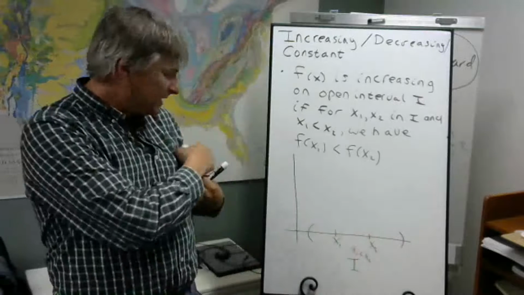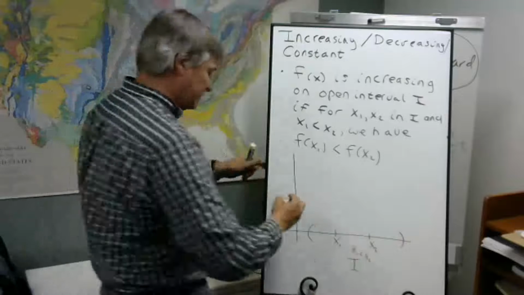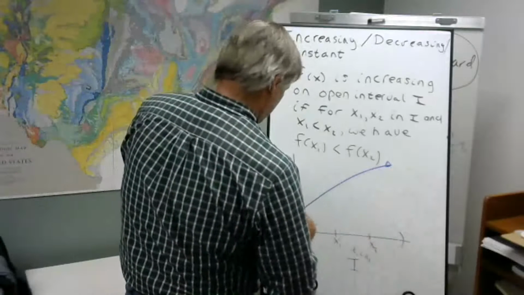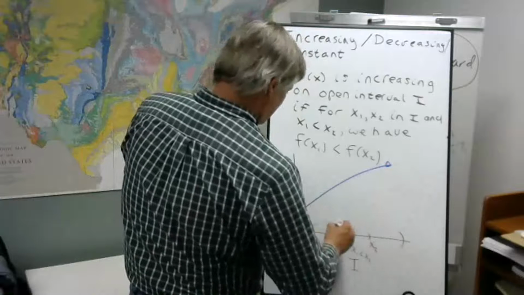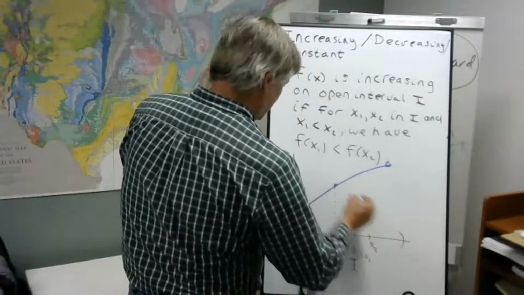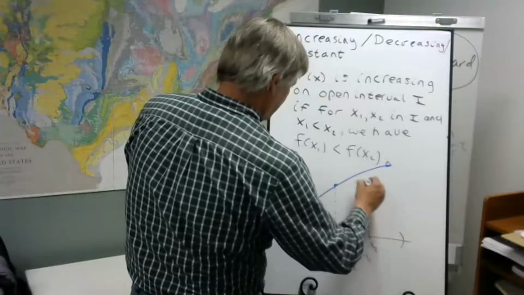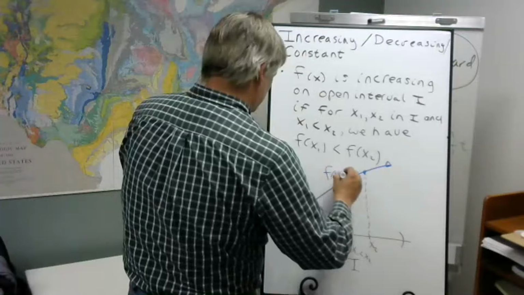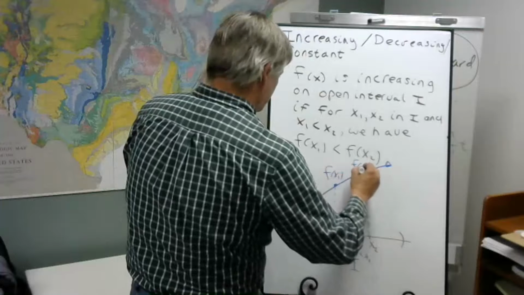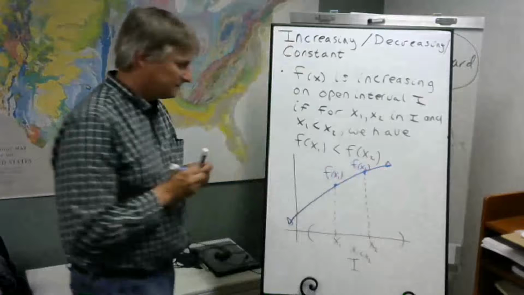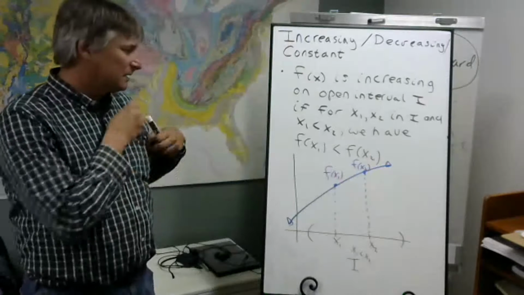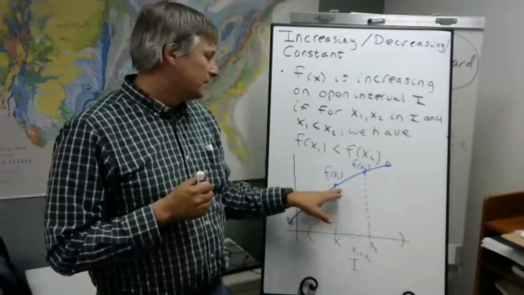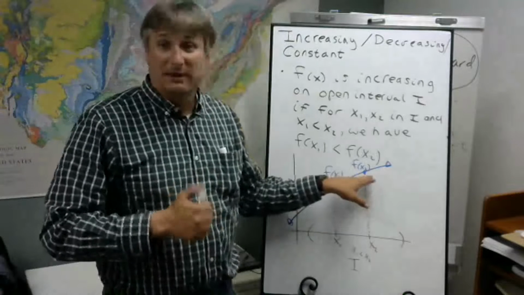Now, if f of x is increasing, it's doing something like this. And if it's doing that, here's f of x1, here's f of x2. So this means f of x1 is going to be smaller than f of x2.